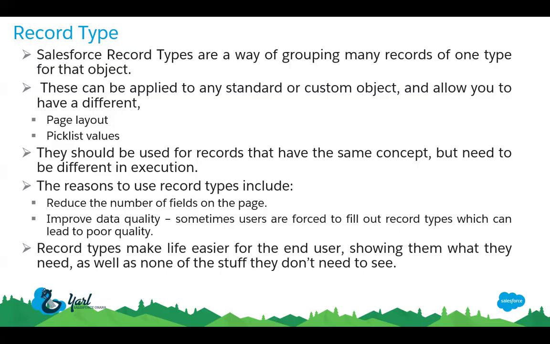They should be used for records that have the same concept but need to be different in execution. So record types are part of your objects. One object may have multiple record types. So far we have discussed a lot, right?